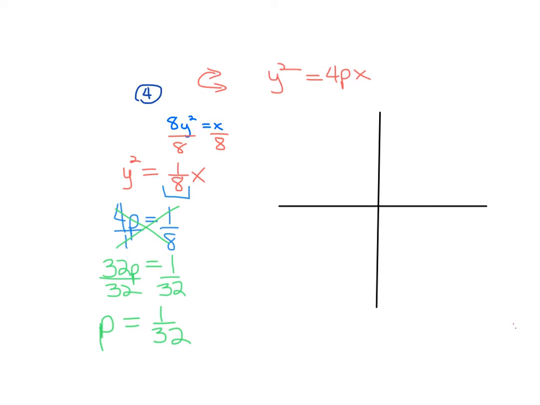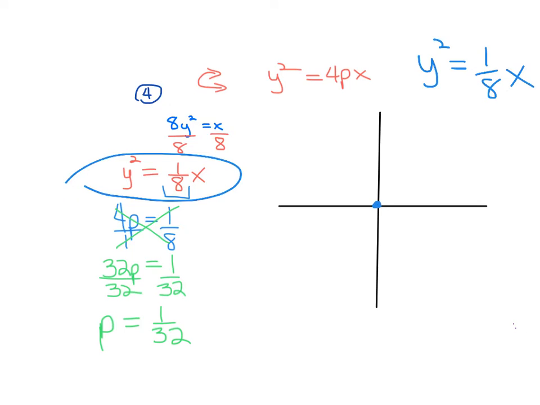So again, my vertex is still at (0, 0). I need to plug in another point to find another ordered pair to get the U shape here. But actually it's going to be a C. So I need to plug in another value. I'm going to use this equation: y squared equals 1/8 x. I'm going to plug in 8 for x.